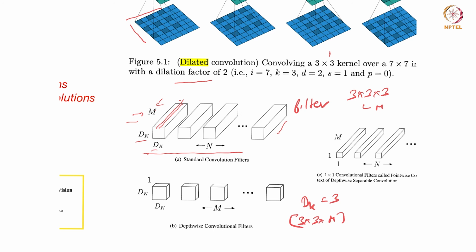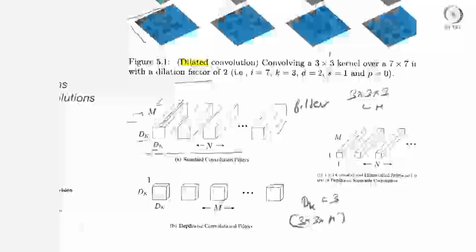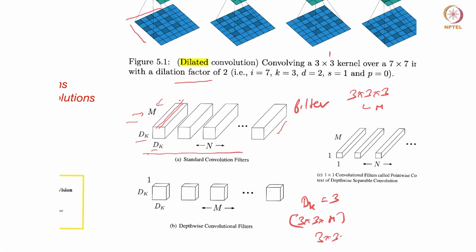Let's say you defined 128 filters in your previous layer. Then the current layer has 128 feature maps as input, so your filter size is 3 cross 3 cross 128. If you do 256 such filters, that's a lot of computation.